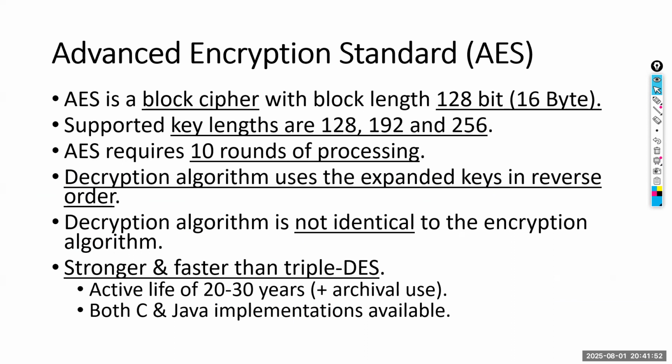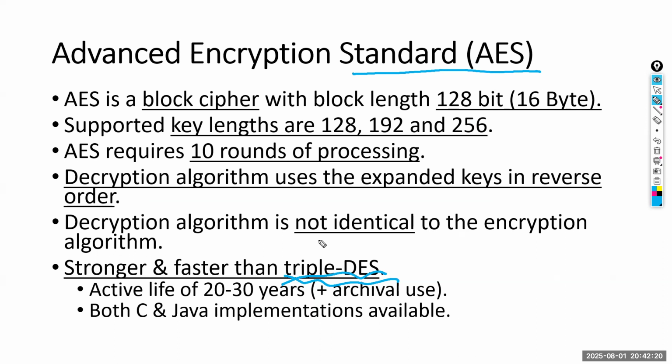AES is stronger than even triple DES. That means even triple DES is effective, but triple DES is slow because you need to do DES 3 times. AES is a different algorithm, which is better than triple DES. But it's again a block cipher.